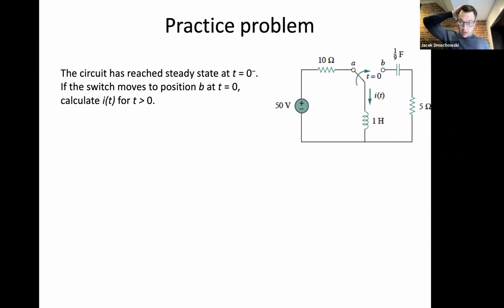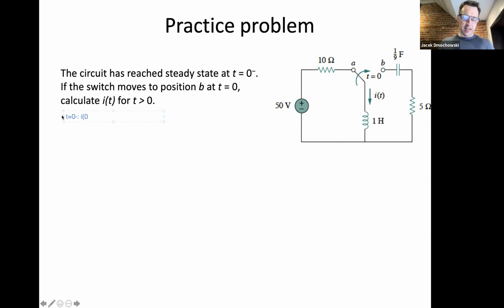Okay, so we have a circuit that has on the left side a battery in series with a resistor, and on the right side we have an RLC circuit. We are asked to find I of t. The first thing that we're going to do, as always, is to look at time equals 0 minus.